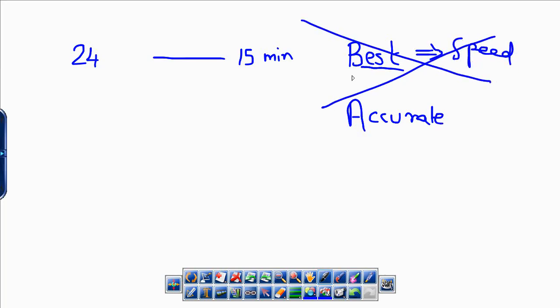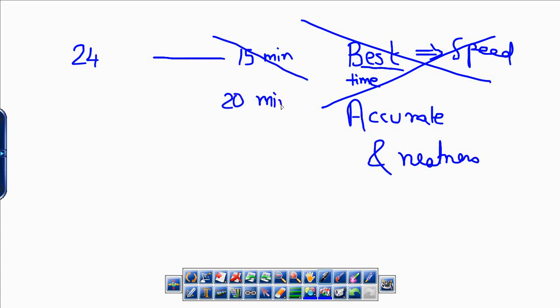Top speed और best time की ज़रूरत नहीं है. Accuracy चाहिए. Accuracy and neatness दोनों ही इस वीडियो में नहीं है. Accuracy है but neatness नहीं है. Therefore, instead of 15, you have to use 20 minutes so that you can write down everything very nicely without skipping any steps.